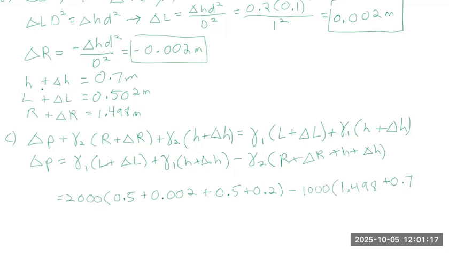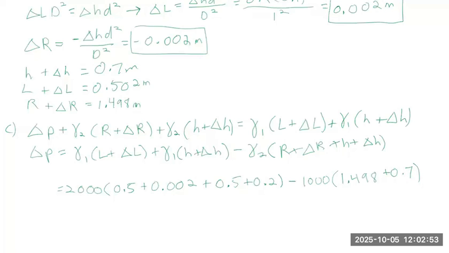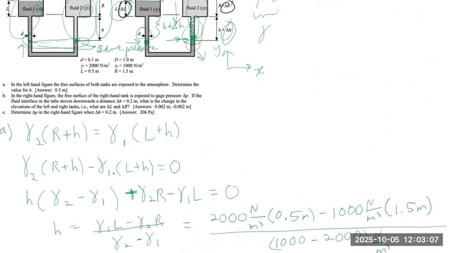And we can get the values from the earlier calculation and just plug them in, which is easier than plugging in each of these values again. So delta P is equal to 206 pascals, which matches the answer that we were expecting over here.